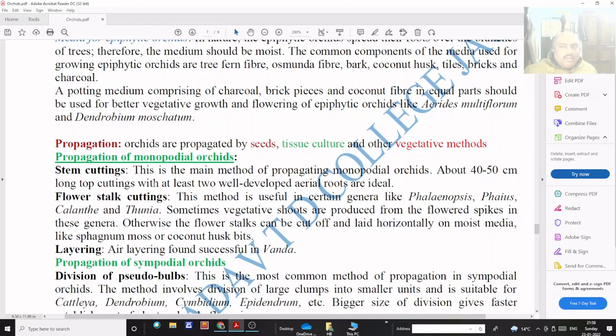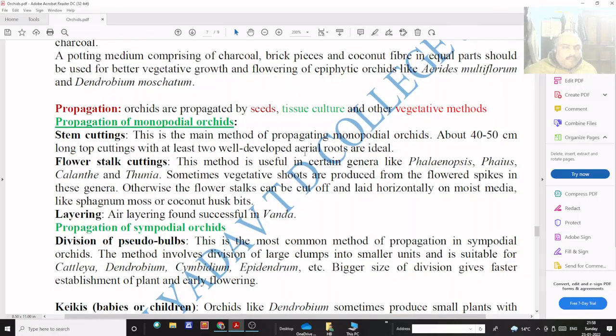Now come to the propagation, which is a very important aspect of multiplication of orchids. Orchids can be multiplied sexually as well as by asexual means.